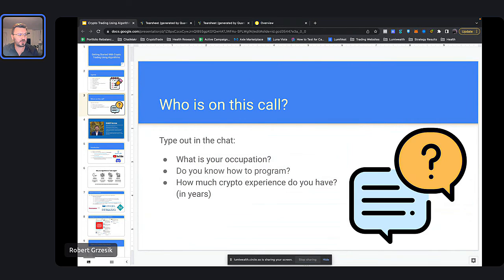It sounds like a lot of you guys do have some programming experience, which is very cool. Like I said, our courses are very beginner friendly. So when people go through our courses, it's not required that you know how to code. Although if you do know how to code, I think you'll get a lot out of the course.